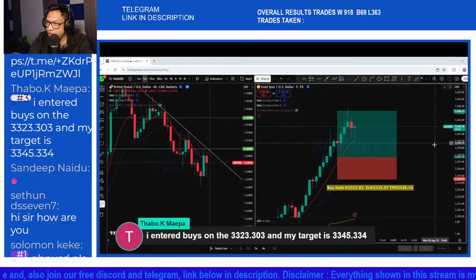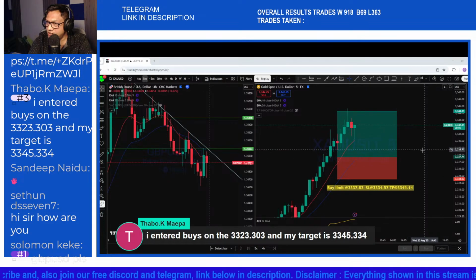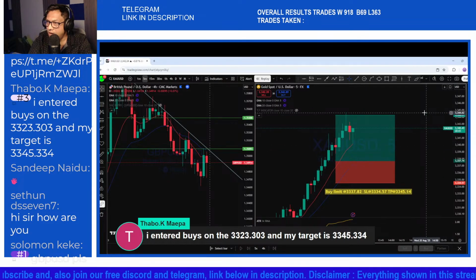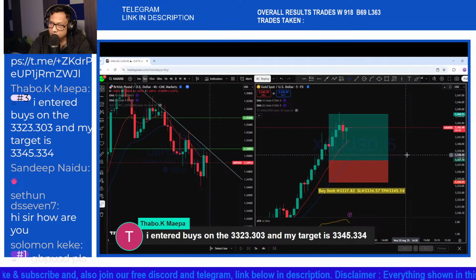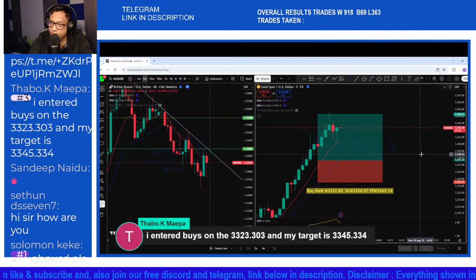Here, if you look, we can see there is a green candle, expecting the market to drop here, but it again shows that bullish move.